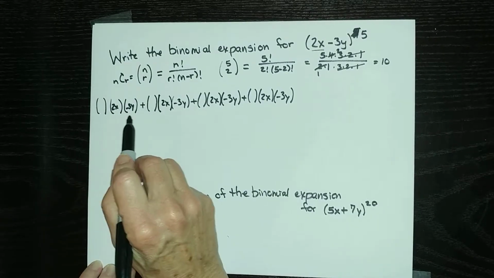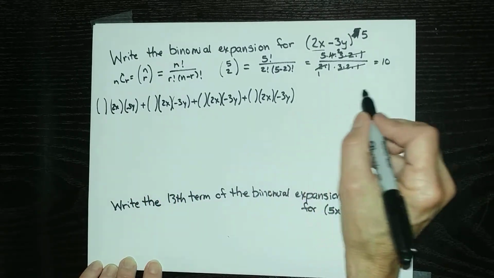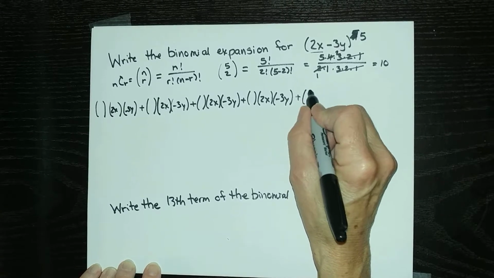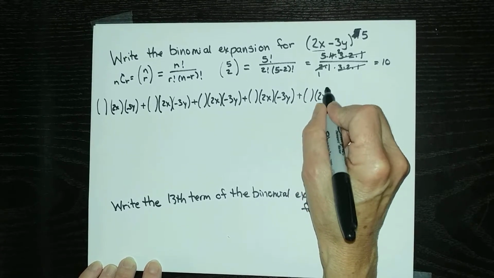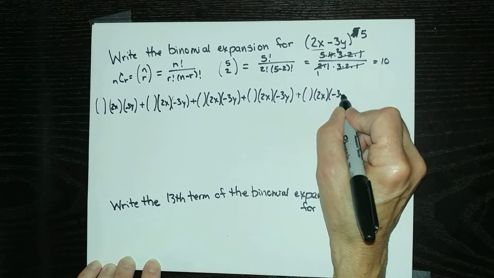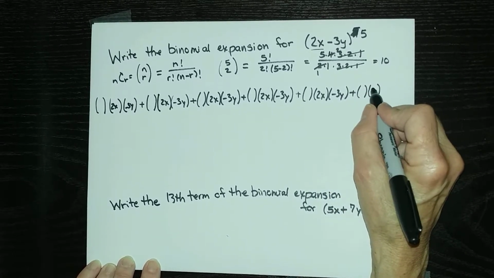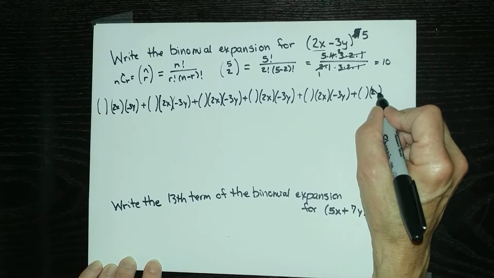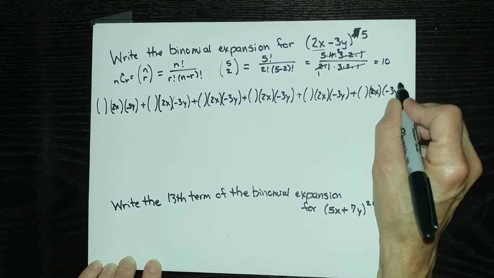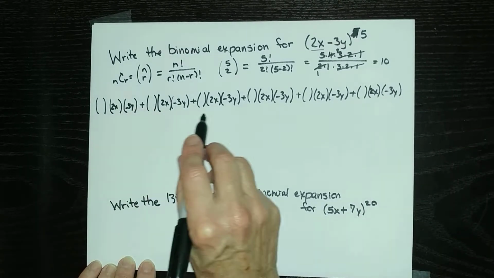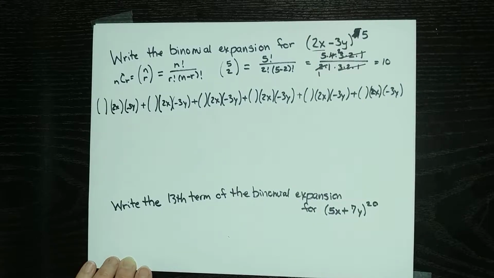Let's see, 1, 2, 3, 4. I need 2 more places. The coefficient, the first term, 2x raised to a power, negative 3y raised to a power, plus the last term, 2x raised to a power, negative 3y raised to a power. Let's see, 1, 2, 3, 4, 5, 6. Okay, I've planned for all those.